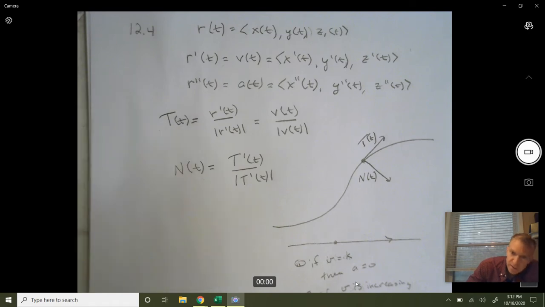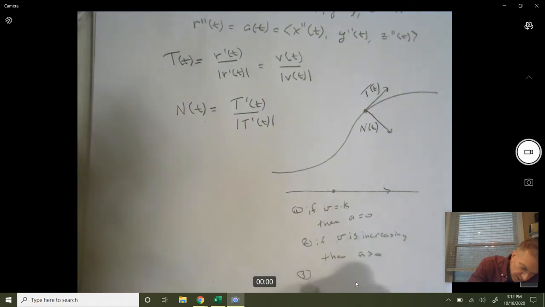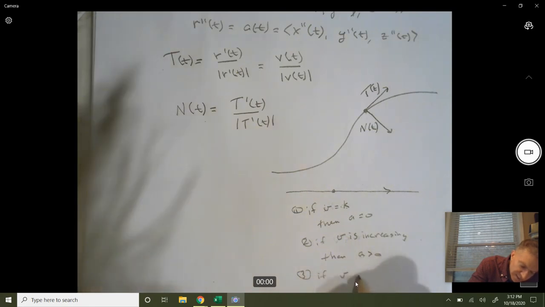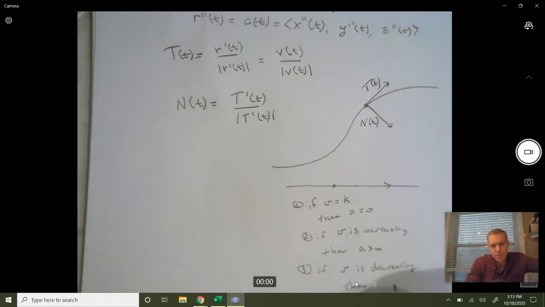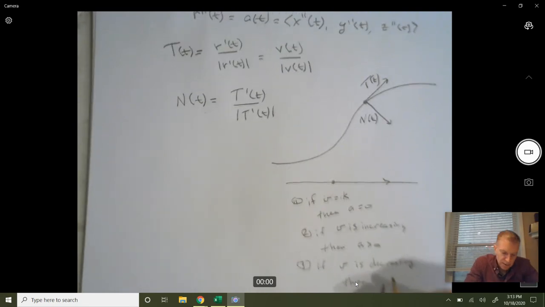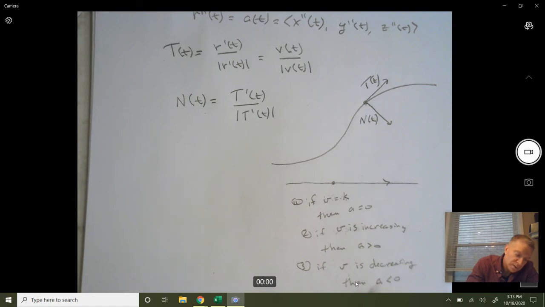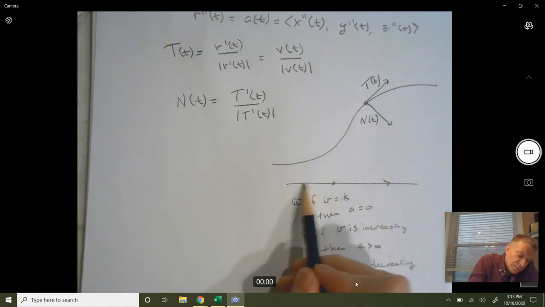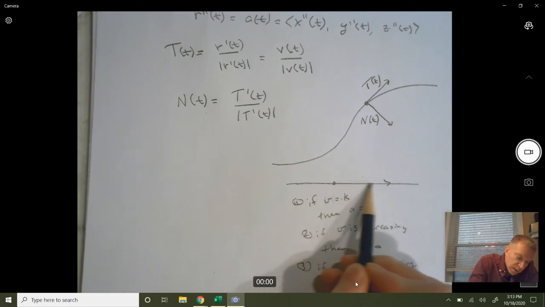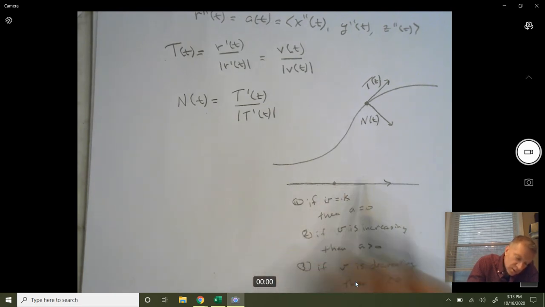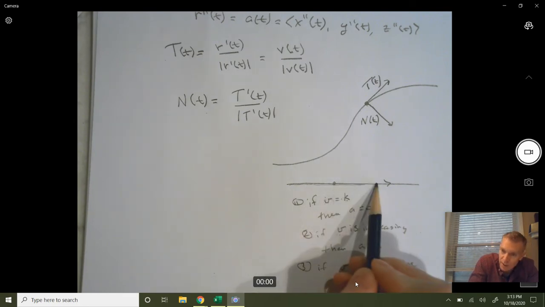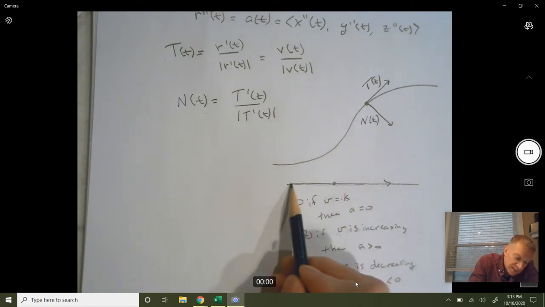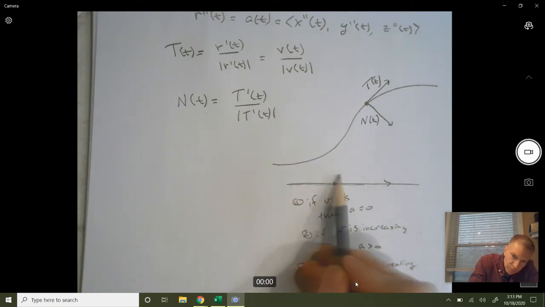And then you've got your next case: if your velocity is positive but decreasing, then your acceleration is less than 0 or moving to the left. So what we saw was if your speed is constant, your acceleration is 0. If your speed is increasing, so dv/dt is positive, then your acceleration would point to the right. If your speed is positive but decreasing, then your acceleration is moving to the left.